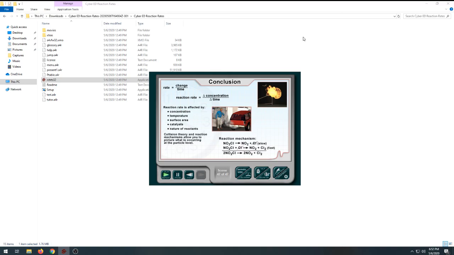Collision theory and reaction mechanisms allow you to picture at the particle level what is occurring during a reaction and how this affects the rate of the reaction. Rate law expressions allow mathematical calculations of rate and relate to reaction mechanisms. Understanding reaction rates provides both practical and theoretical information to chemists.